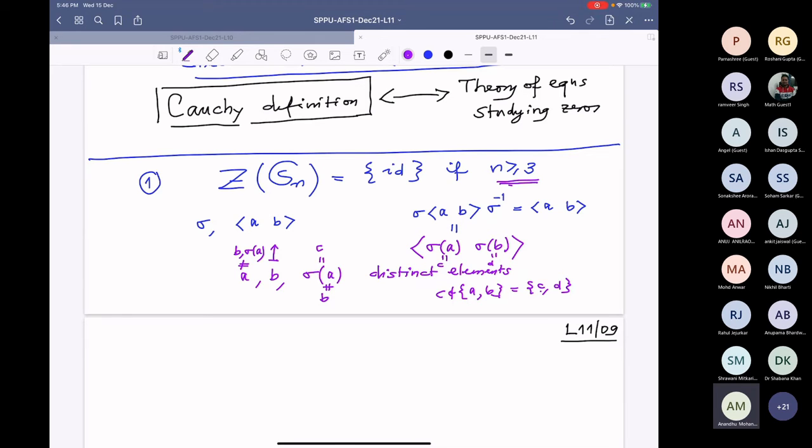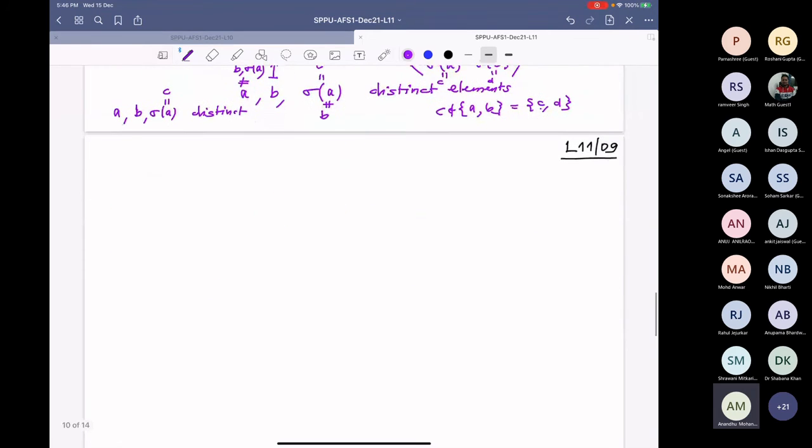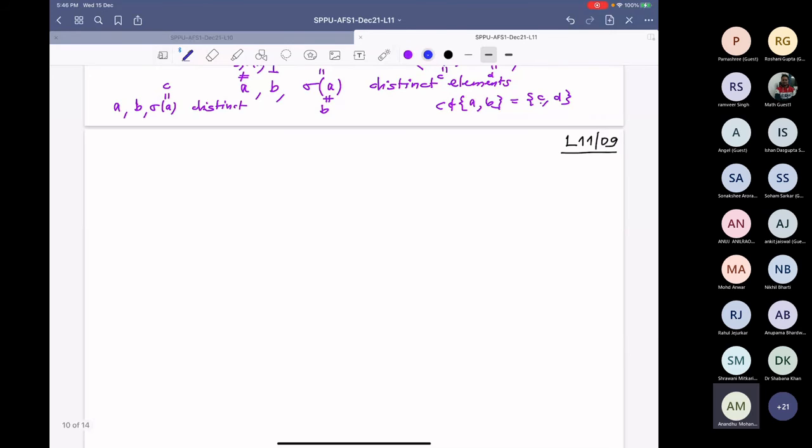So you choose A, B, and sigma A, call it C, 3 distinct elements, and define now sigma. So that sigma will definitely be non-identity and it will never commute with this transposition. So that means no sigma will be in the center other than identity. So we proved that the center of the permutation group is trivial.